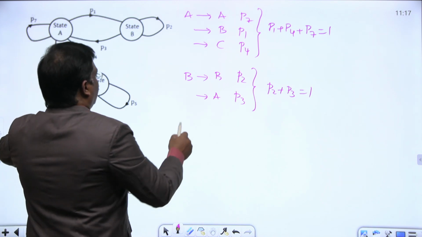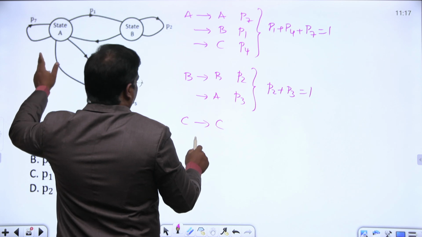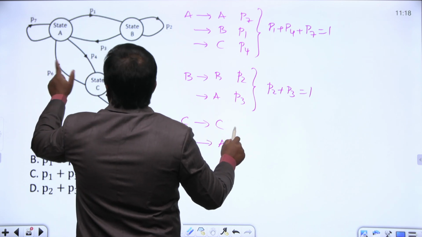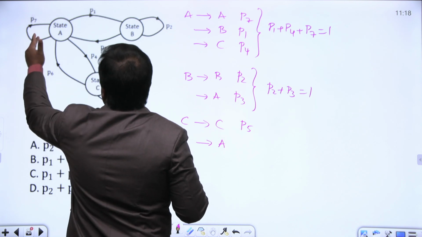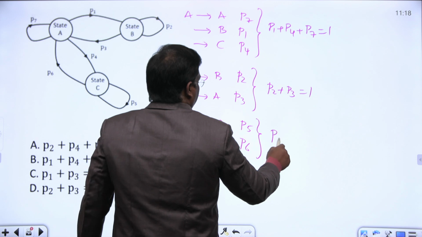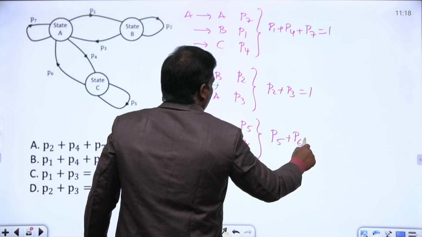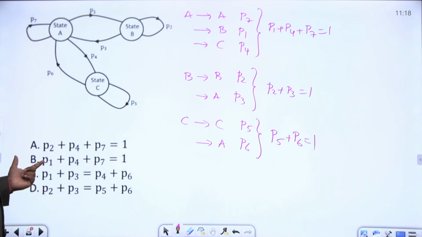Similarly, from state C I can move to state C itself, or state C to state A. What is the probability of state C to state C? P5. What is the probability from state C to state A? P6. And the sum of probabilities P5 plus P6 equals 1. That's all the information. And here P1, P4, P7, option B is correct.